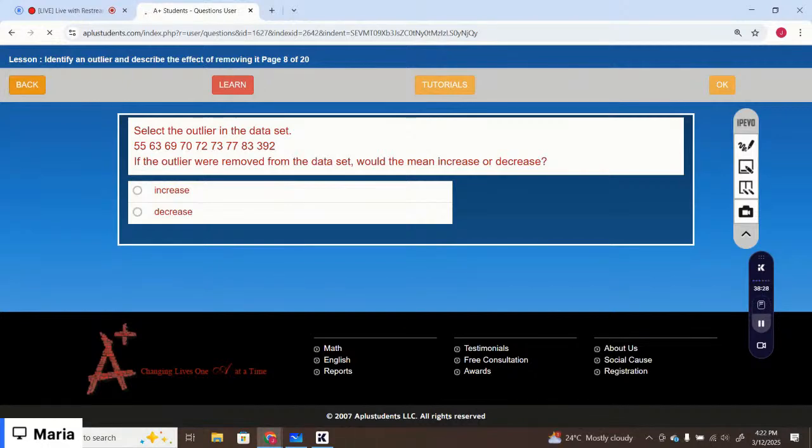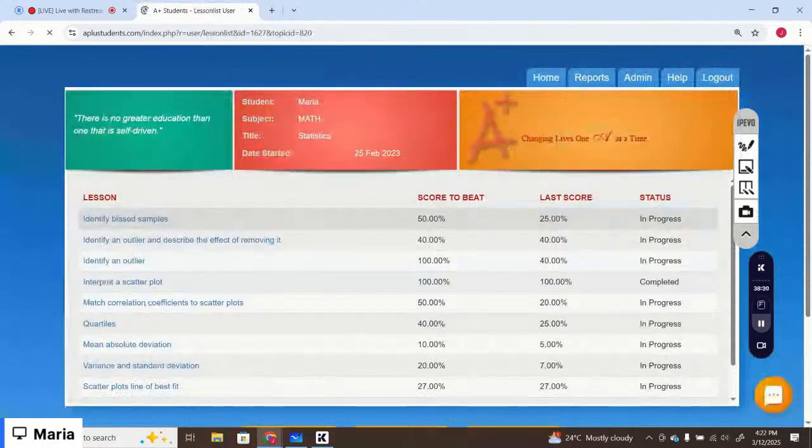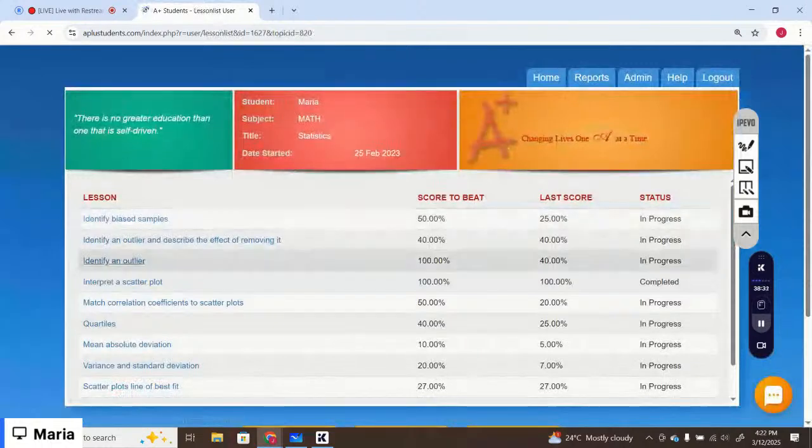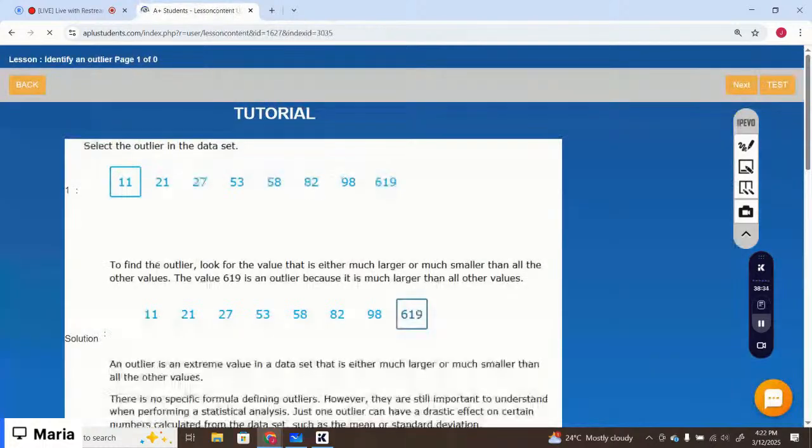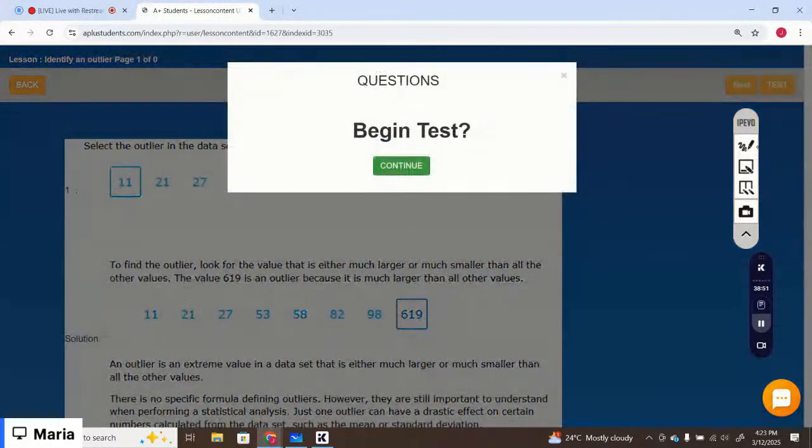The next lesson is identify an outlier. Let's just start with the test questions.